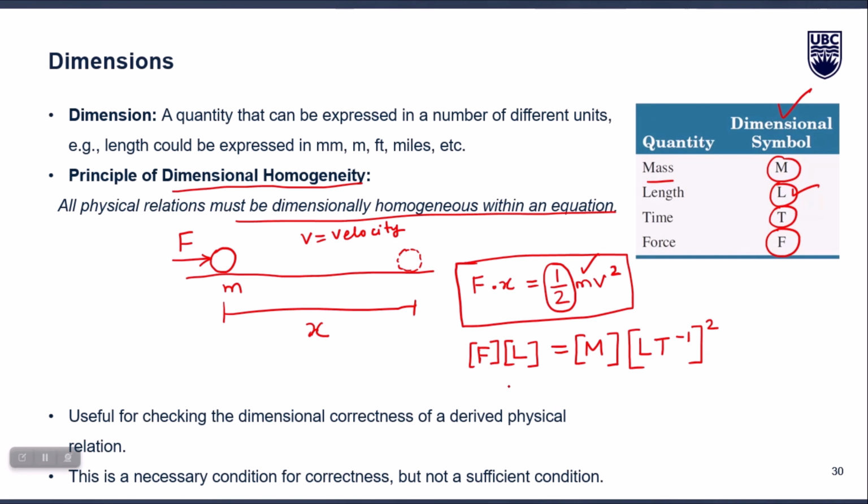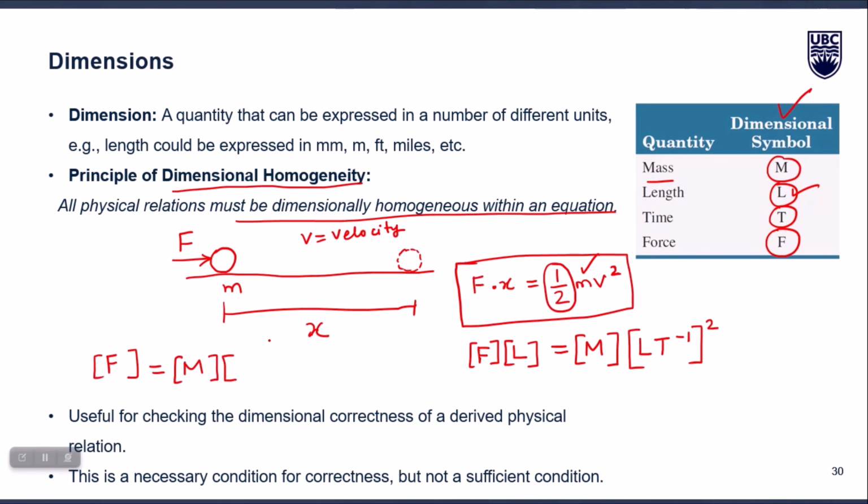Now we know that in the SI system, force is a derived quantity which can be written in terms of mass, length, and time, right? So we know that F is equal to ma. Which means the dimensions of force is equal to the dimensions of mass times the dimensions of acceleration. So the dimensions of mass is M multiplied by the dimensions of acceleration, which is length divided by time square, meter per second square, feet per second square, right?